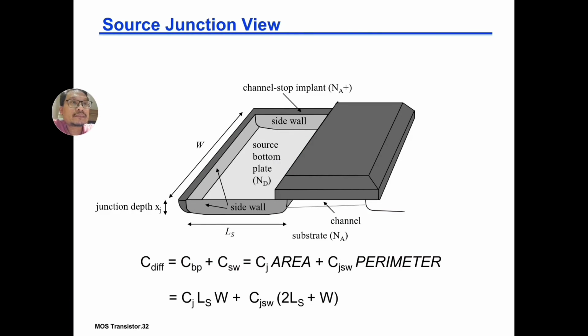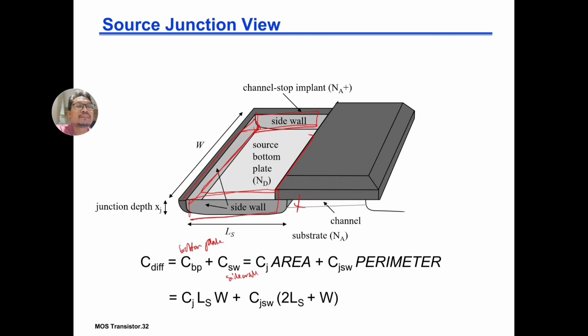Then you also want to find the total diffusion capacitance, which is basically the capacitance of the bottom plate, here is the bottom plate, and then the sidewall. So this is the bottom plate capacitance plus the capacitance on the sidewall plus this one plus this one. So there are basically 4 components: the bottom plate, 2 sidewalls, and 2 sidewalls on the side.